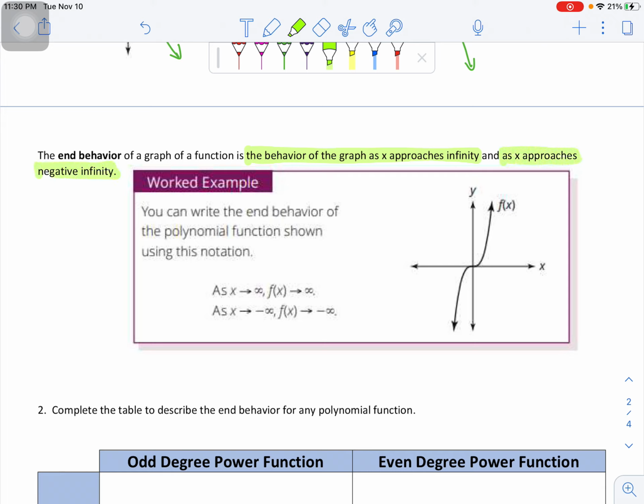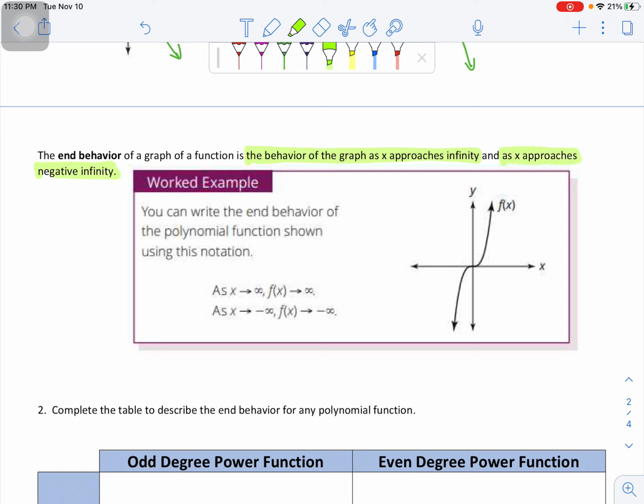The other half of the graph, okay, as x approaches negative infinity, so that would be from the origin to the left, we want to look and see what's happening to the curve. So in this case, the curve is just dropping.